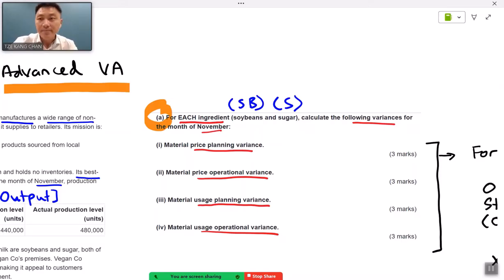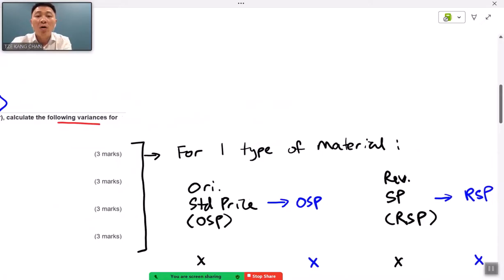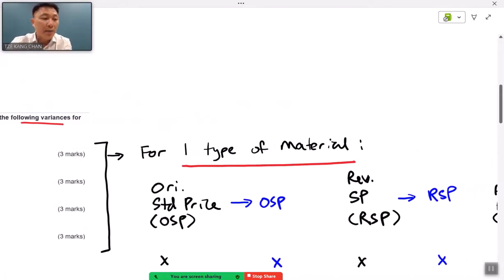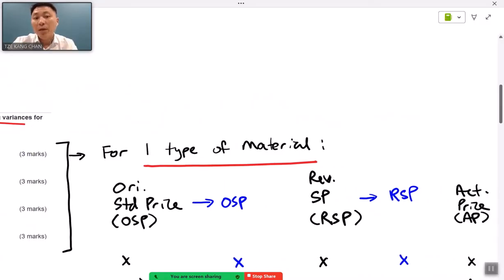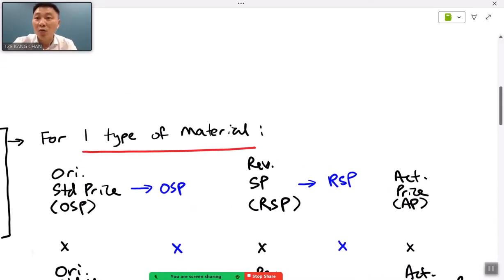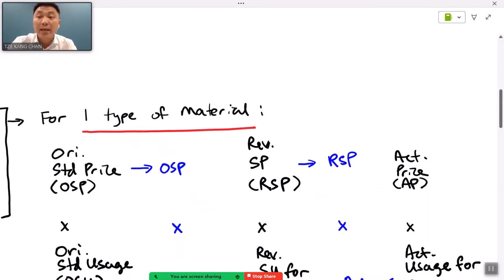Should such variances be calculated for a single type of material, you may consider the following template to be displayed in the spreadsheet as the working. Guys, keep an eye on the first column, the second column in the middle, and the last column on the right hand side of the screen.